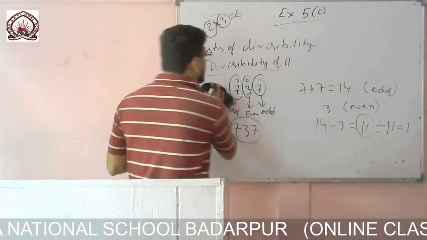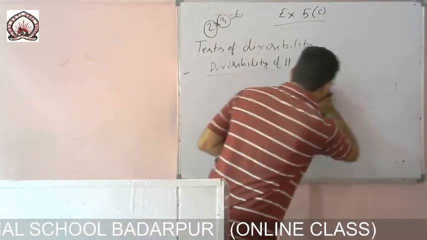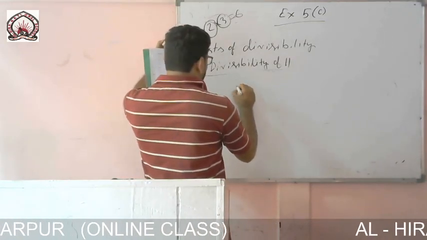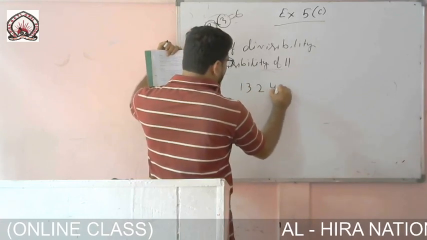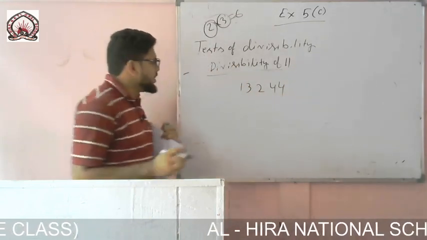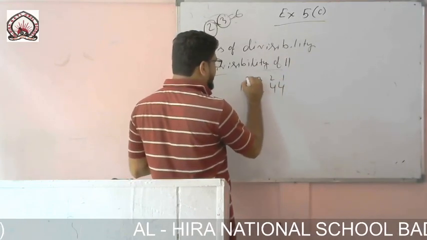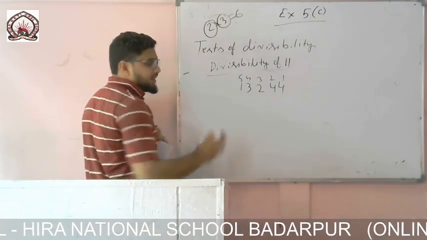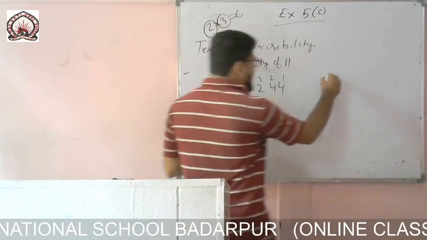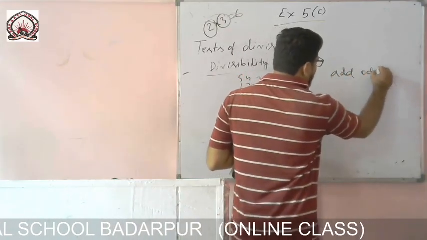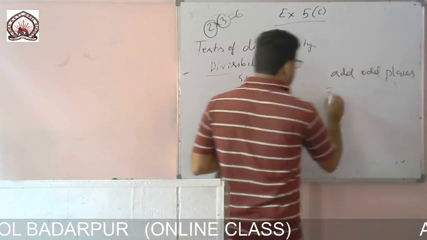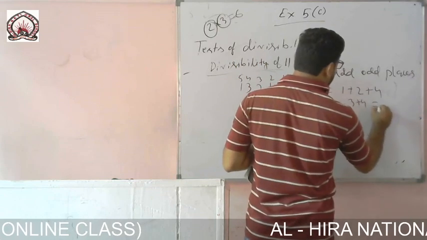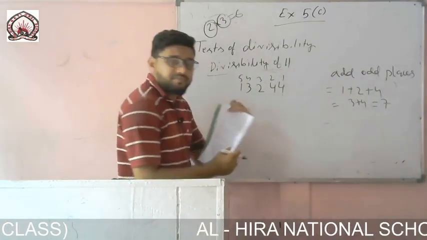Okay. Now 1, 3, 2, 4, 4. So the odd places are 1, 2, 3, 4, 5; in the odd places we have 1, 2 and 4. You add the odd places: 1 plus 2 plus 4, it is 3 plus 4, it is 7.